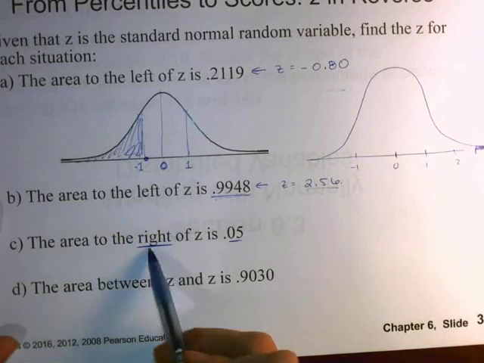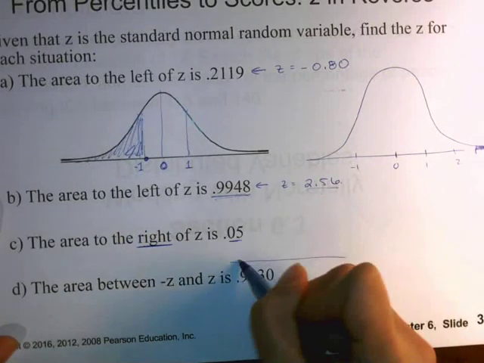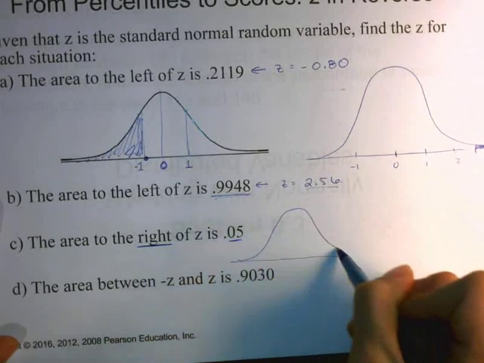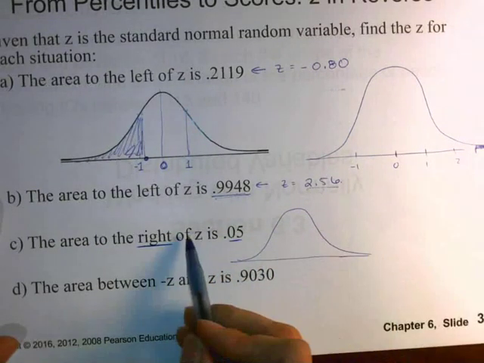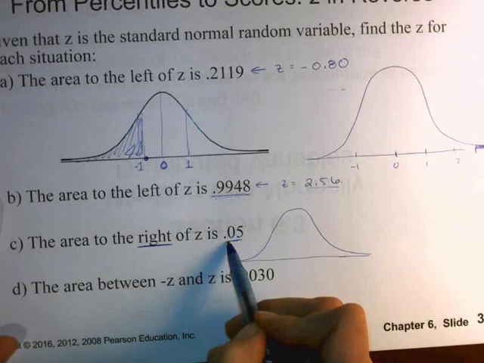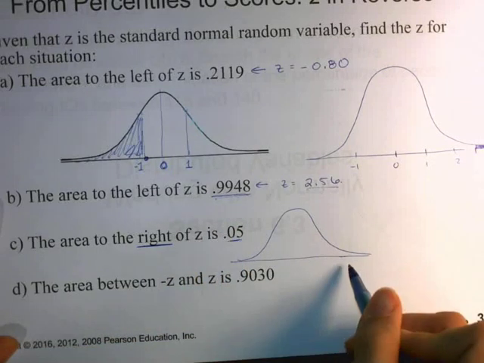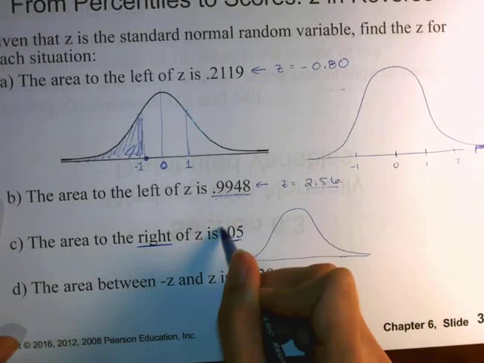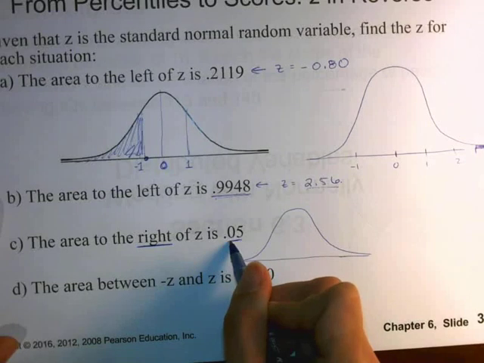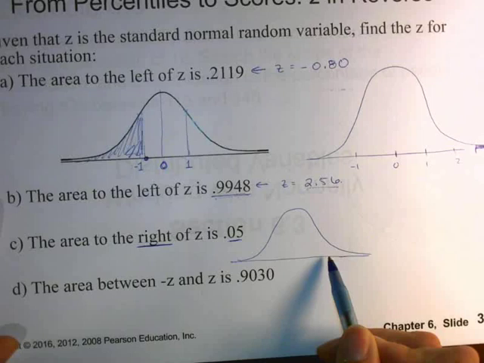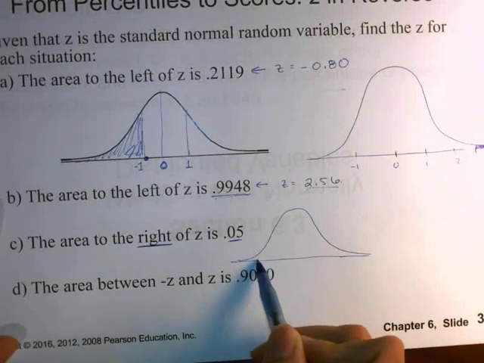The area to the right of z is 0.05. So now we are looking to find a normal distribution where we want the area to the right of it to be 5% of the area. So we're actually looking for a spot where we're only going to have 5% of the data shaded.